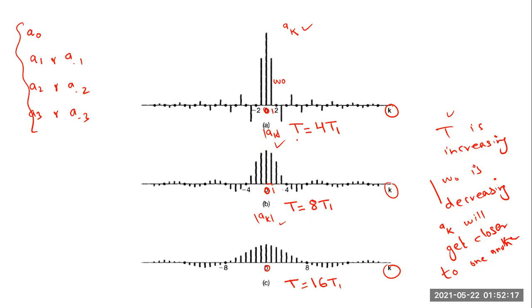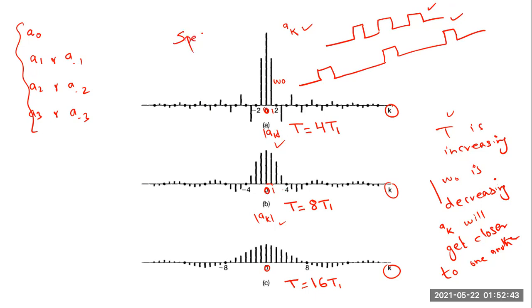You are dealing with a square wave, but what is actually happening? Let me show you this graph. Let's assume that this is one square. Okay, what is going to happen if you change the period? It means now this is another same square wave, but you have increased its period. This is periodic. This is periodic. So what is going to happen to the Fourier coefficients? And Fourier coefficient, if you remember, is telling you about the spectrum of the signal.